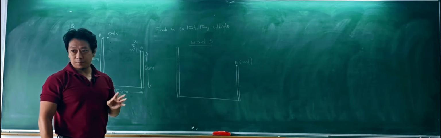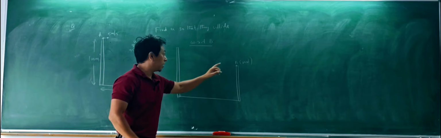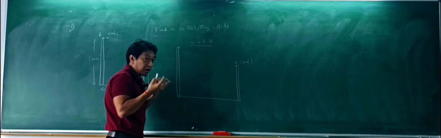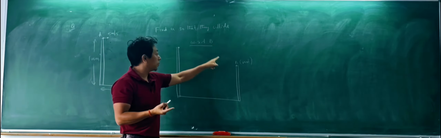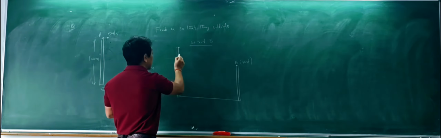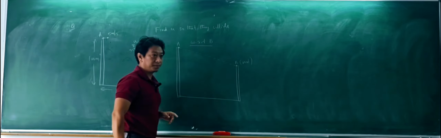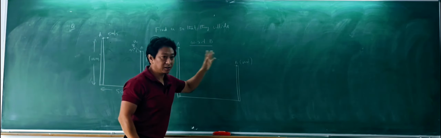Now if B is at rest and A is moving in a straight line, A has to move in a straight line now, because we are doing the problem with respect to B. Then A has to move this way in order to collide. It has to move straight like this.